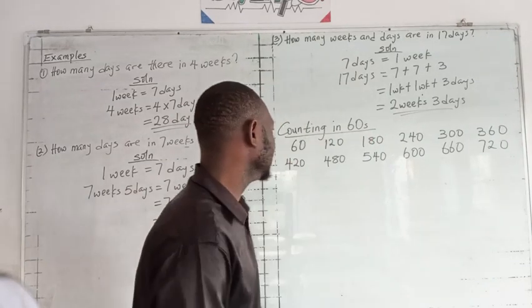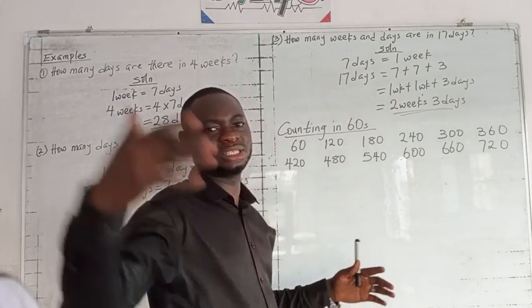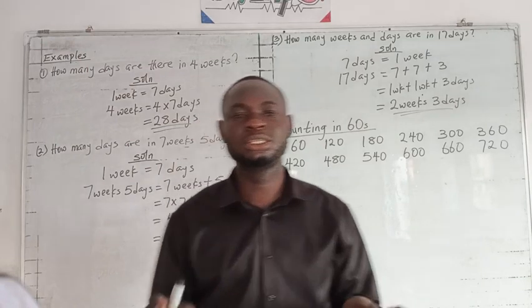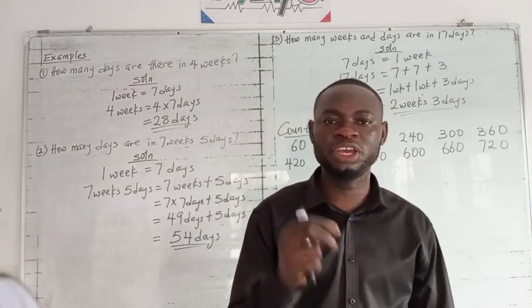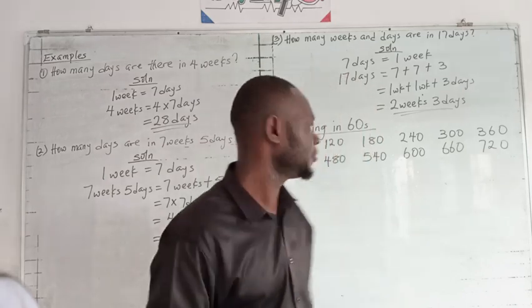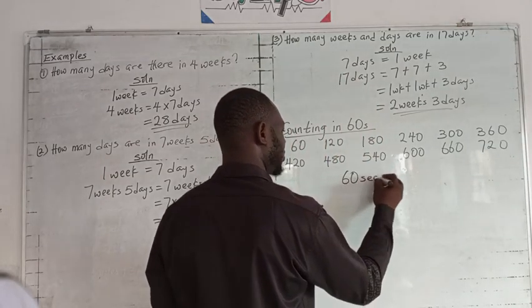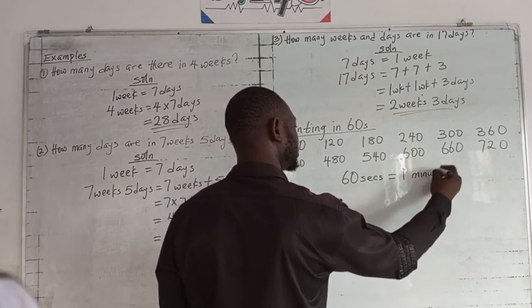But like I said, in this skip counting, we are not looking at trying to skip count in 60s to whatever number. We are trying to relate skip counting in 60s with time so that we can be able to solve a real life problem. So remember that 60 seconds makes 1 minute.